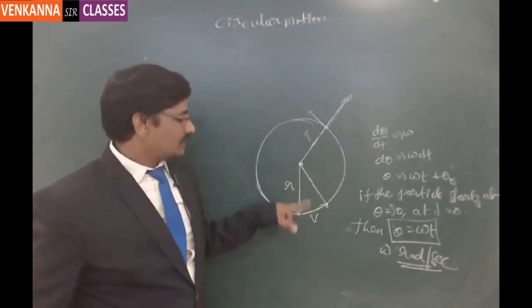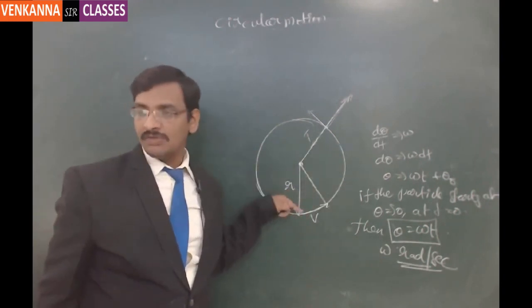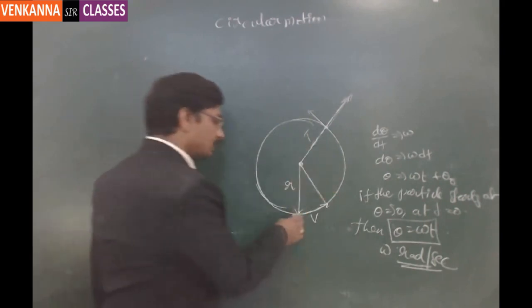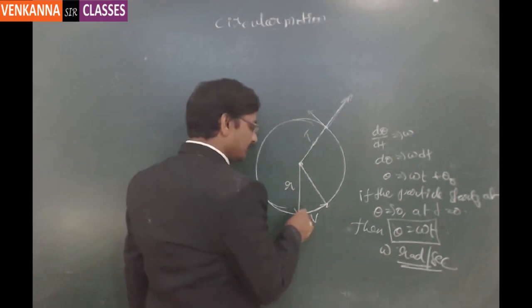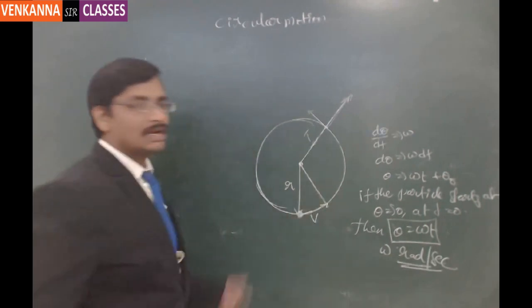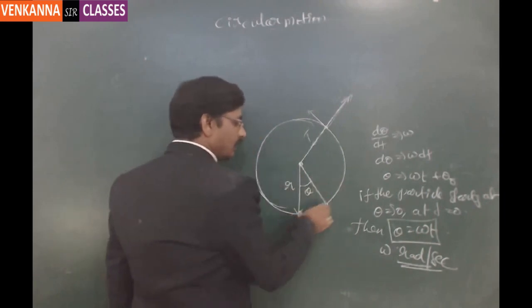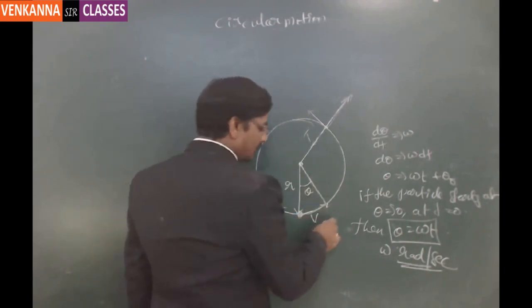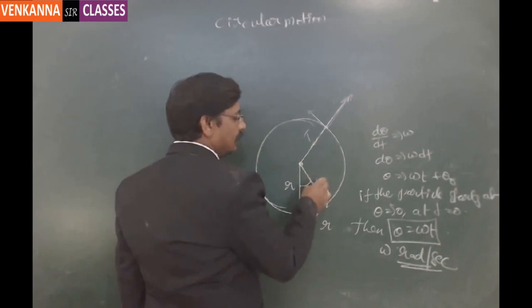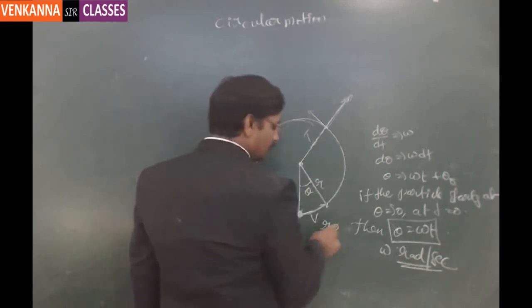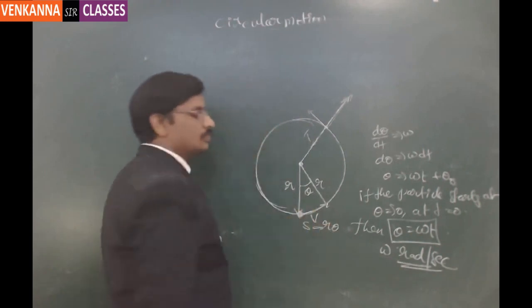If you want to establish the relation between the angular velocity and the linear velocity on the periphery, the particle is trying to move in this direction, right? Within a time of t, this is covering an angle of theta and a distance of r theta, where r is the radius of the circle and theta is the angular displacement. R theta is the arc length that it is going to cover.